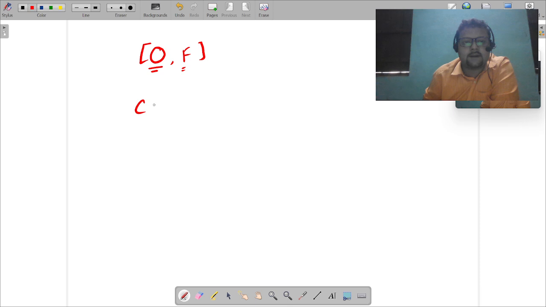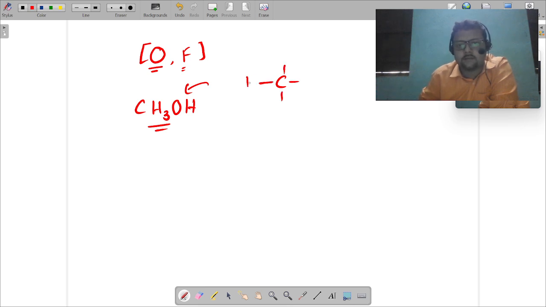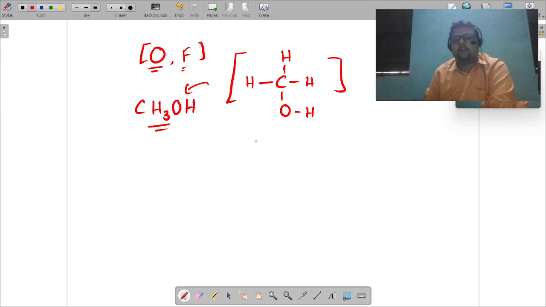Let's take the example of methanol, which is CH3OH. If I write the structure of methanol, I will have to draw something like this. Here we have the structure of methanol.